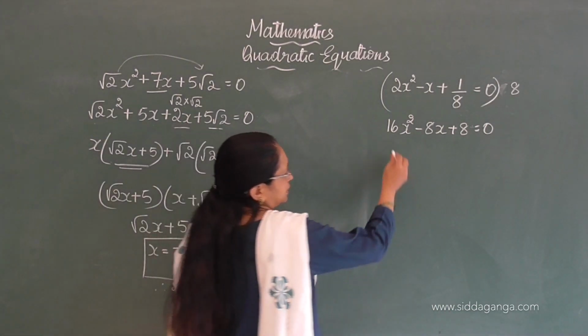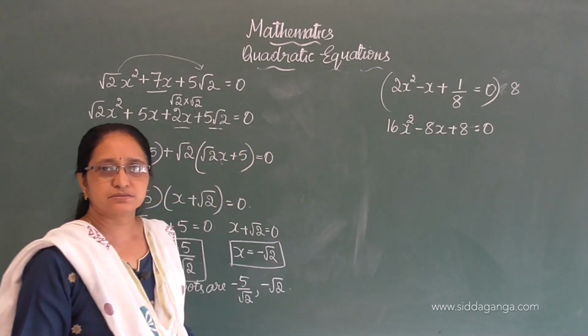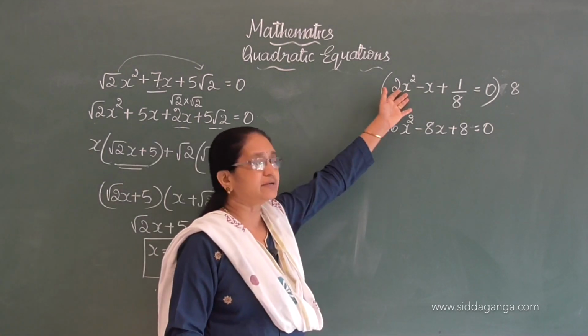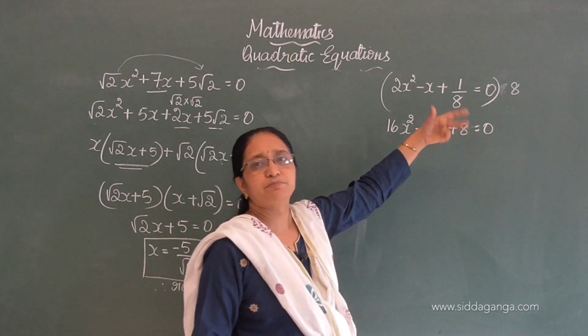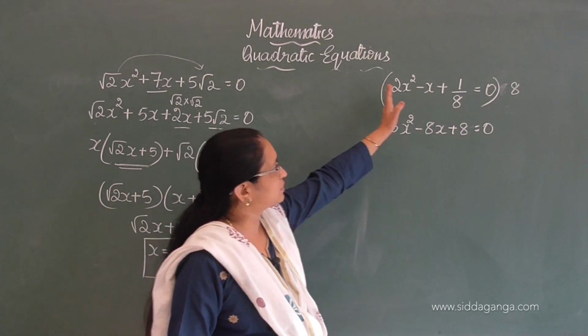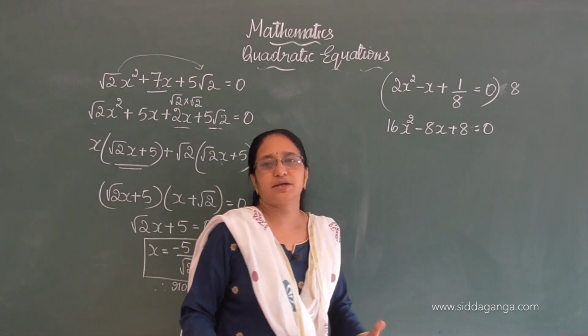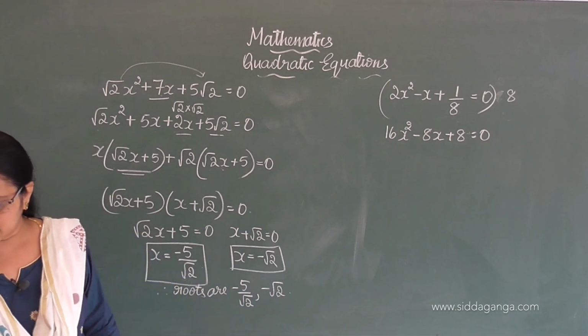Now, here you just observe. Now, it became as simple as ax square plus bx plus c is equal to 0. Even this was in that form only, but you can simplify it by multiplying the whole equation by 8. Now, as usual, you apply the same method, that is splitting the middle term.